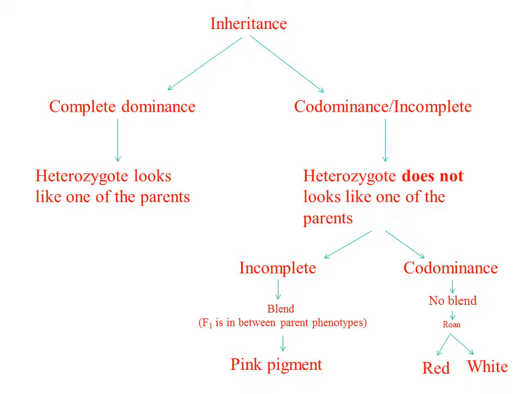Here is a concept map or a branch diagram of what we've been talking about. We have 3 different types of inheritance patterns or degrees of dominance. The first one is complete dominance. We understand that. The second two that we've been talking about are codominance and incomplete dominance.